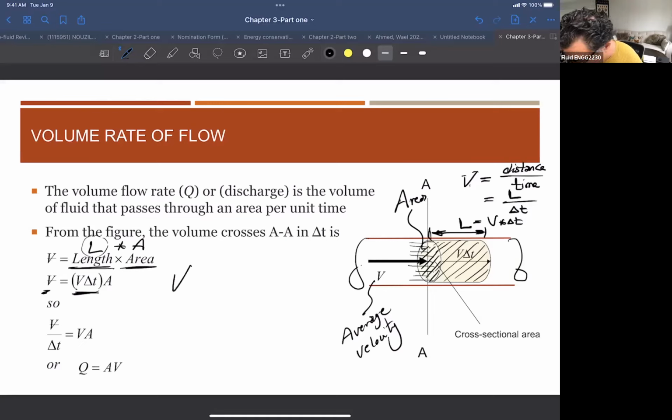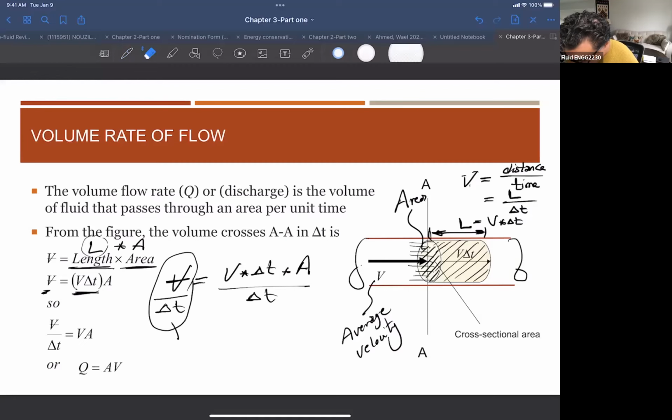So the volume now, I just call it like this. Volume is the velocity times delta T times the area. Okay, if I divide both sides by delta T, this is volume and this is time.